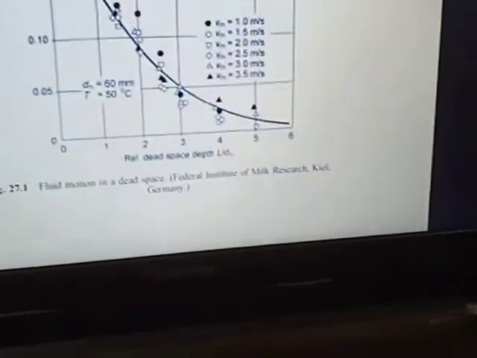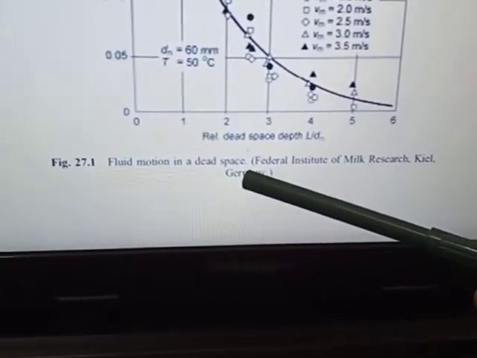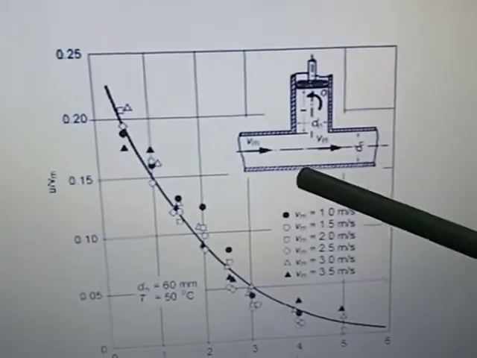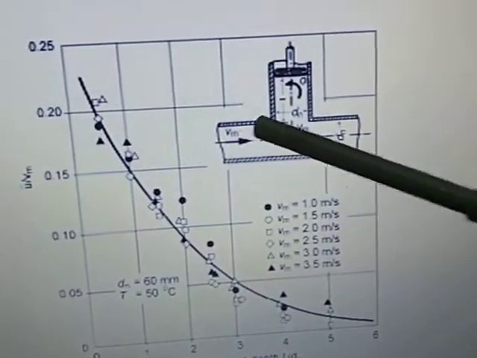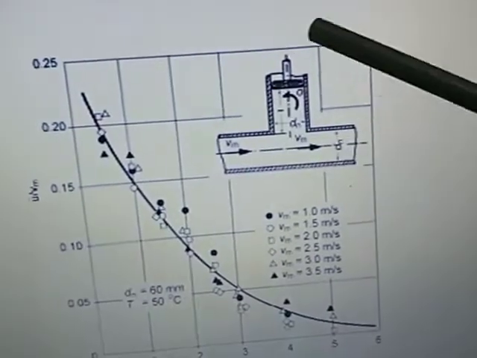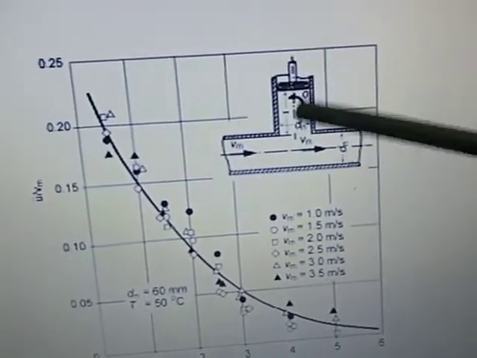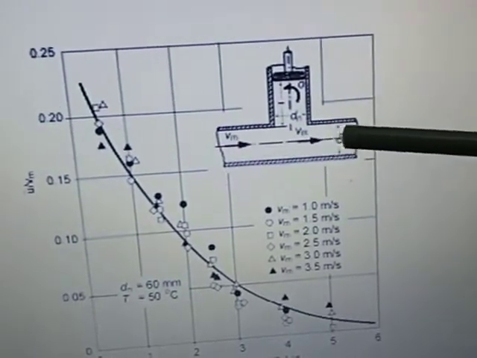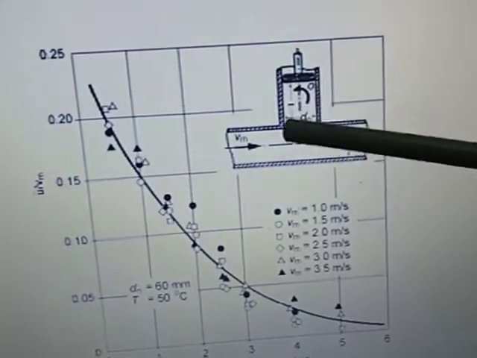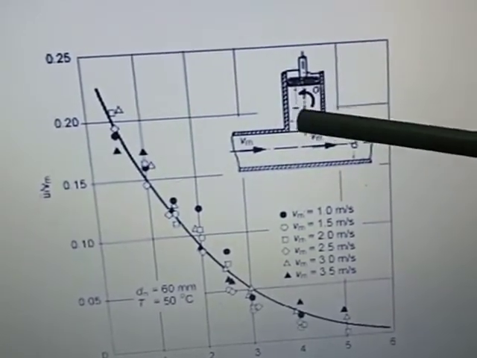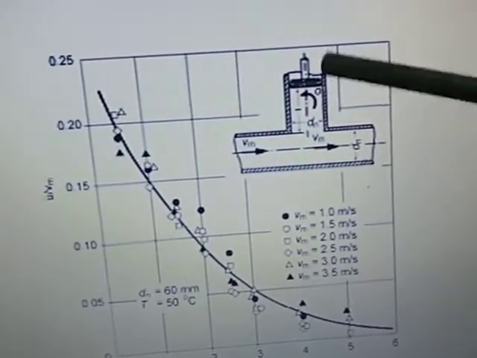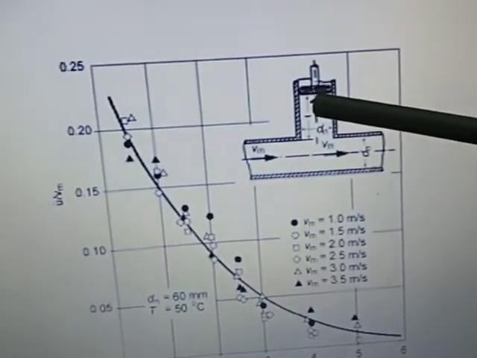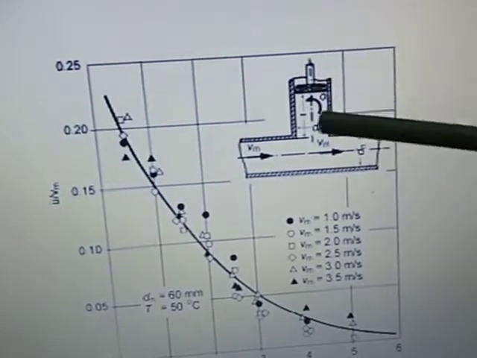Okay, this diagram shows the fluid motion in a dead space. If you have a piping system, you have the main pipe, and then you have this dead area, another pipe going up from the main pipe. If you push liquid into this pipe, some of it will go into this dead area, but if you increase the length of this dead area, the liquid will not be turbulent, will not move inside this dead area.